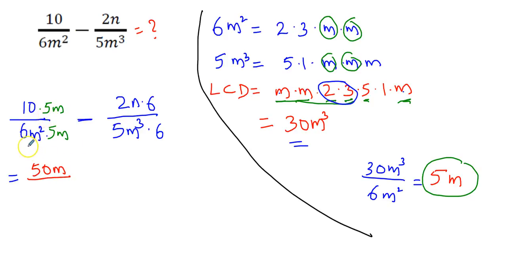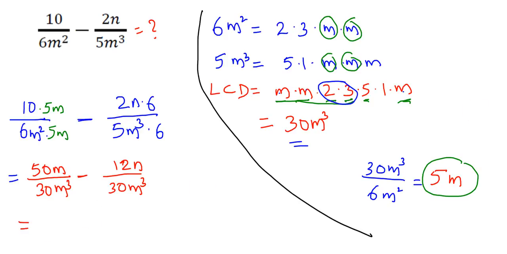In the denominator, 30m cube, minus, here my denominator again is the same, 30m cube, and in the numerator 12n, because 2 times 6 is 12, 12 times n is 12n.